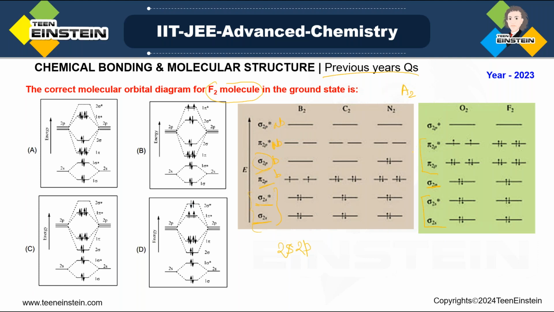If it is so, now our concern is with F2, right? For F2, if you look at the options, this part there is no change, all are the same, so we don't have to bother about this part.